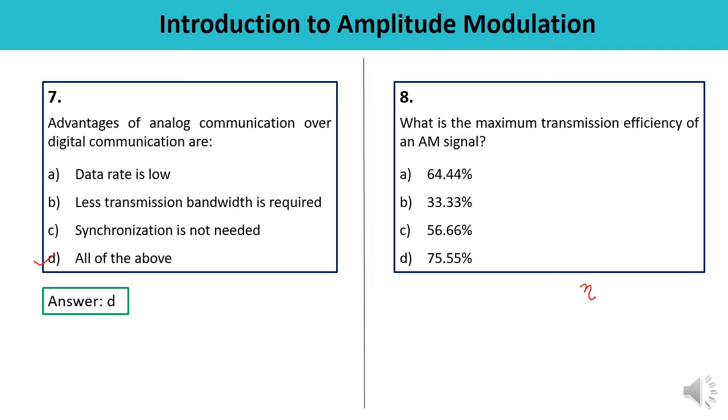In an AM signal, there is a carrier and two sidebands. So the maximum transmission efficiency of an AM signal is 33.33%, because only 1/3 of the total transmitted power is carried by the sidebands in an AM, while the remaining 2/3 of the transmitted power gets wasted. So the answer is B.